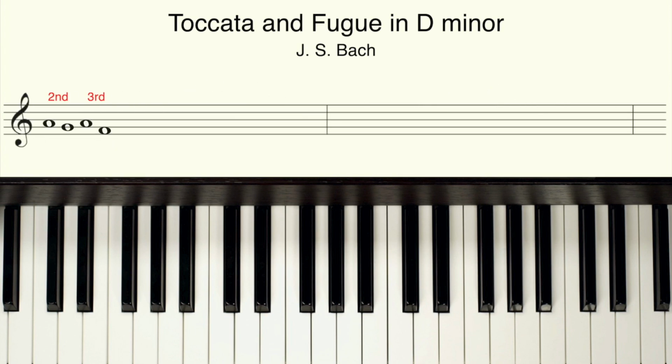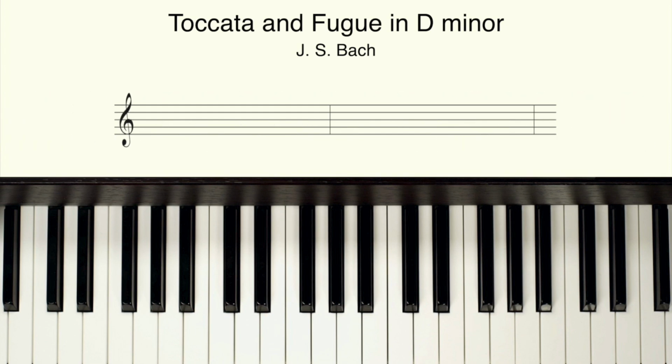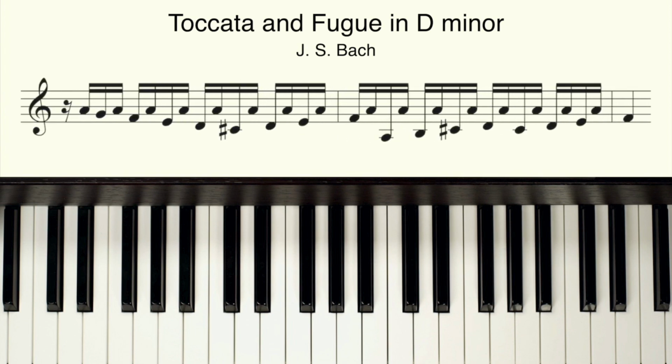Second, third, fourth, fifth, sixth, fifth, fourth, third, octave, seventh, sixth, fifth, sixth, fifth, fourth, third. And that's all a melody really is, a bunch of intervals. But it's what Bach does with it that's so amazing.